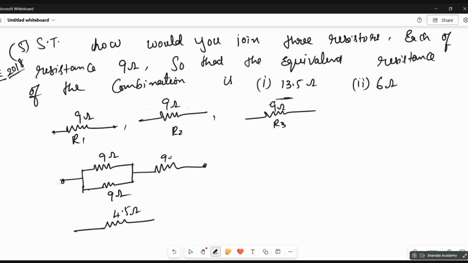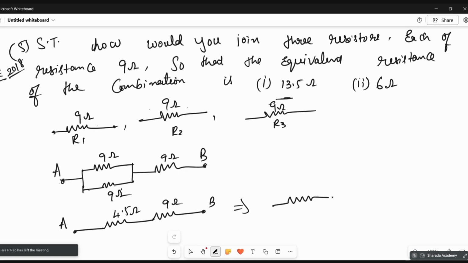See, two are in parallel. So 4.5 ohms you will get. Another one with 9 ohms. So you will get 13.5. See, the first time you may not get it, but you should try with different values and try.